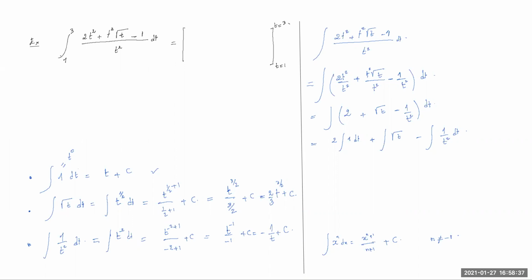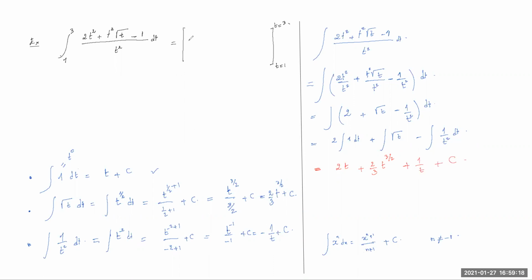You see? Then you come back here and write your antiderivative. We said 2t without adding the c, so it will be c1, c2, c3. We group them all and put a capital C, that's all. So 2t, then the square root of t gives 2/3 t^(3/2), and for the last one, we have minus of minus 1 over t, so it will be plus 1 over t plus a constant.